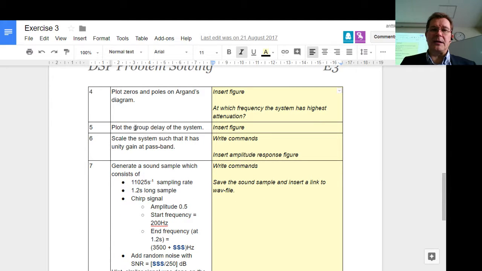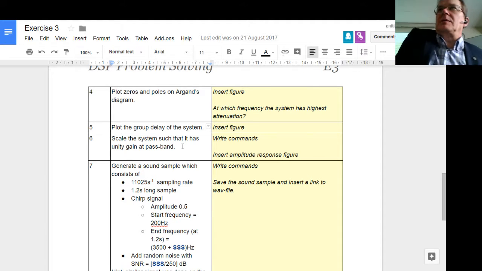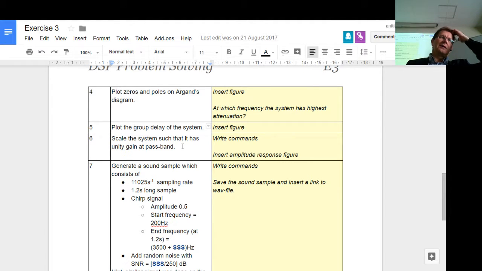Then the group delay. Hopefully this group delay function exists in our signal toolbox. I think it does. If not, then it's not a big deal to actually make your own group delay function.